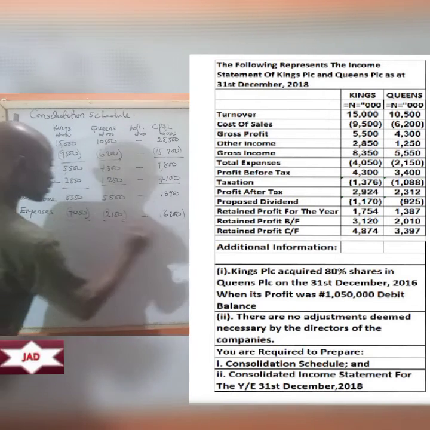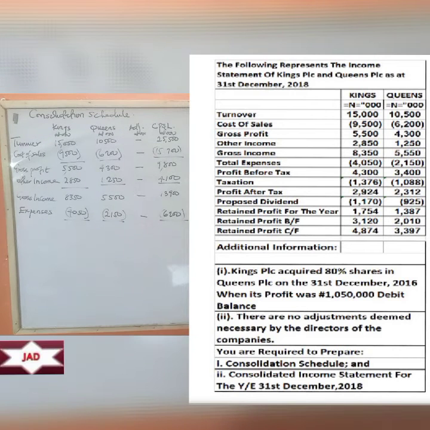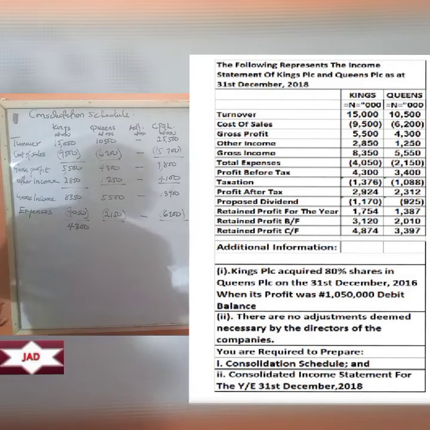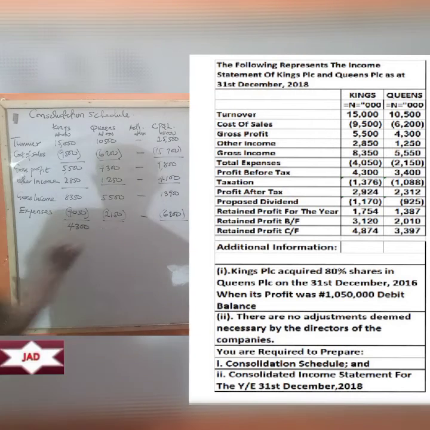So we can get this from there. This is 4,300. This is 3,400.